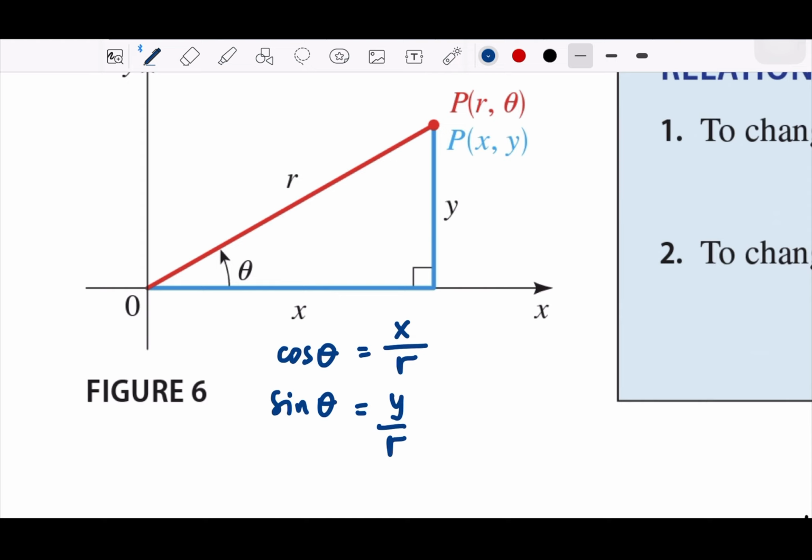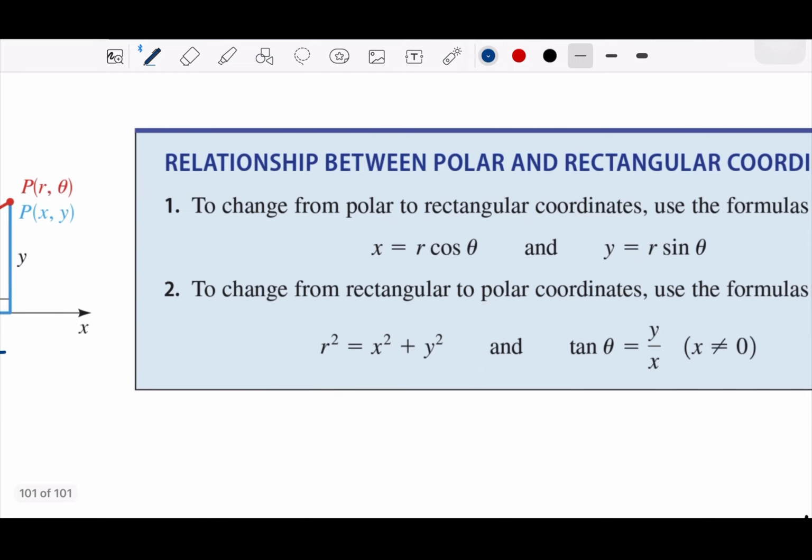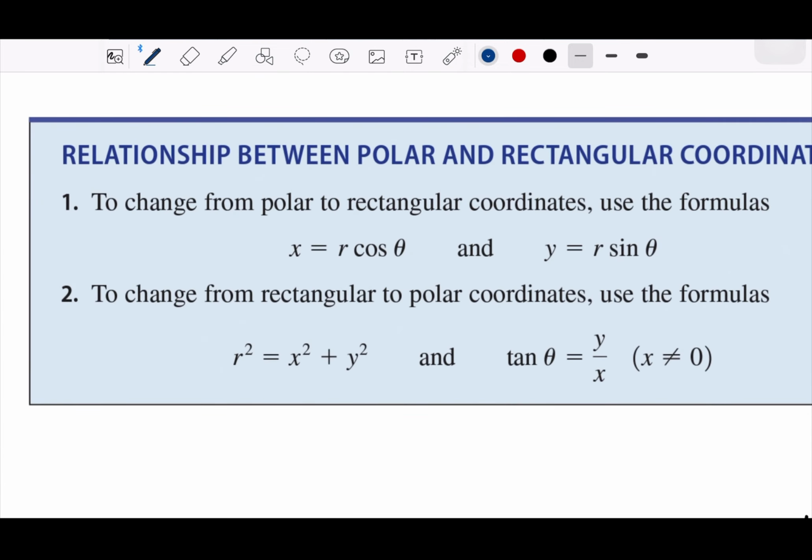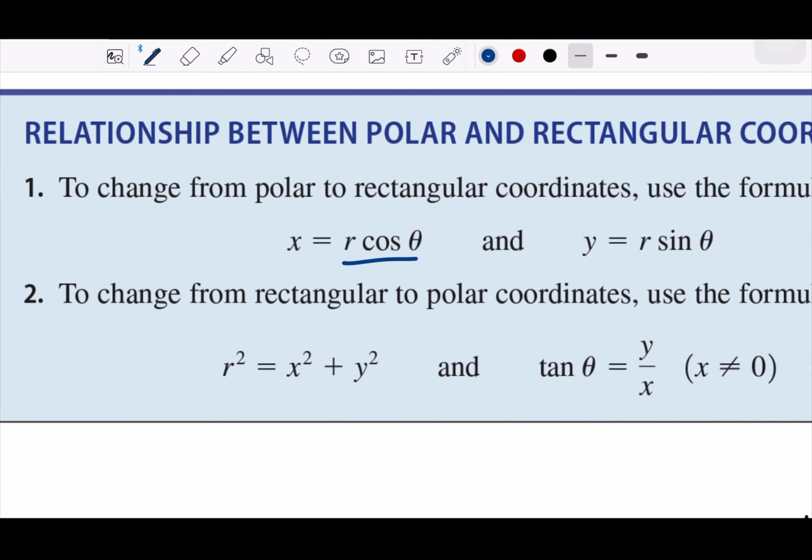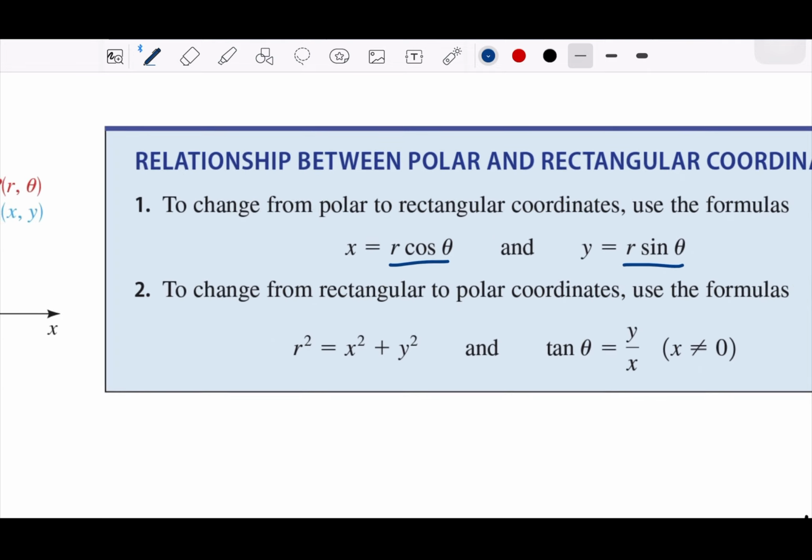So we could take this x and y within these r and theta variables, and we could convert the polar to rectangular, or the rectangular to polar. So from the polar, we could exchange x and y, and they become r cosine theta and r sine theta.